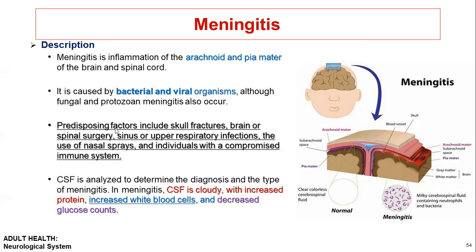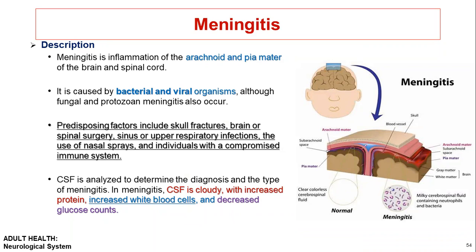So predisposing factors include skull fracture, brain or spinal surgery, sinus or upper respiratory infection, the use of nasal spray, or an individual with a compromised immune system. So these are the risk factors to develop inflammation of the meninges, which we call meningitis.